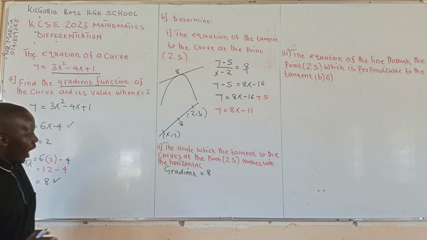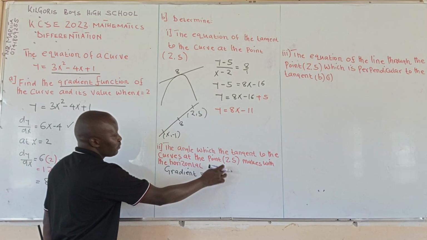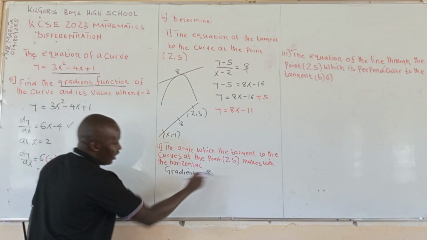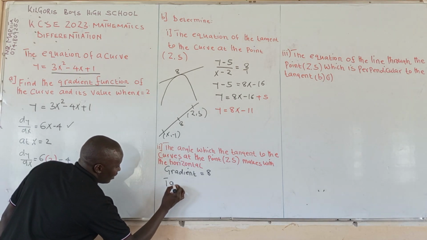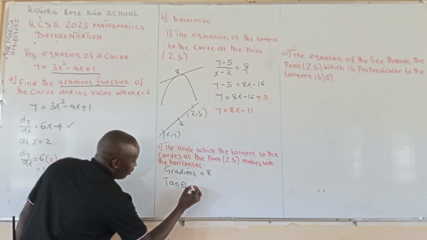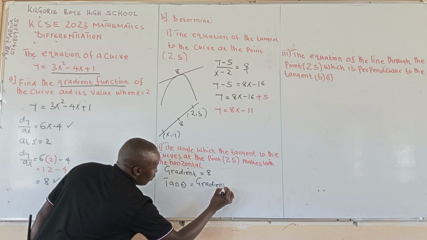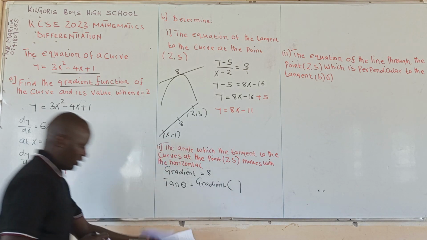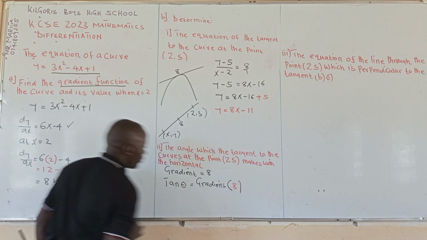So to get the angle at which the tangent to the curve at the point (2,5) is inclined, we use the relationship tan theta, where theta is the angle of the tangent, which will be equivalent in this case to the gradient. And our gradient in that case is equivalent to 8.